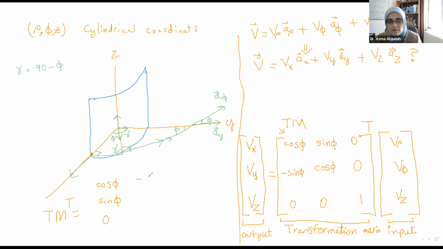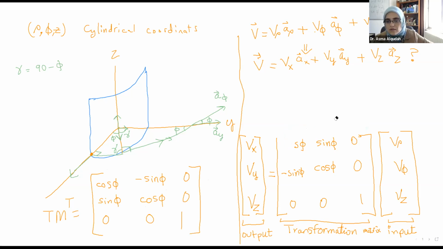So minus sine phi, cosine phi, and then 0. And the third row becomes the third column. So 0, 0, 1.